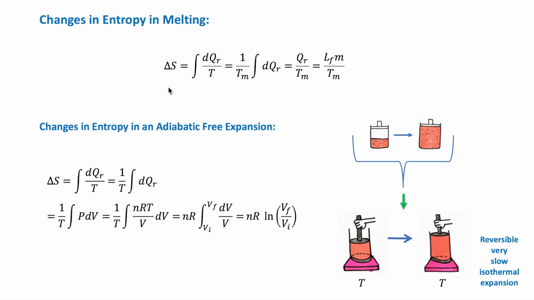Since melting takes place at a fixed temperature, the process can be regarded as isothermal and also can be reversed if the substance is placed in a cool environment so that heat leaves the substance instead of entering it. And so we have delta S is equal to the integral of dQr over T, and this gives us Lf m over Tm.